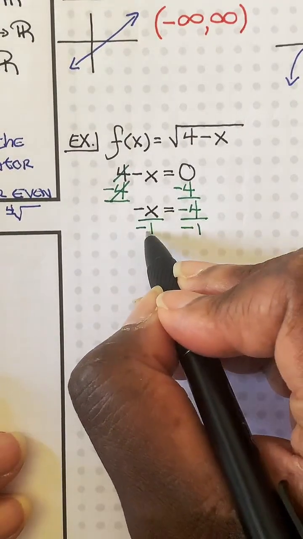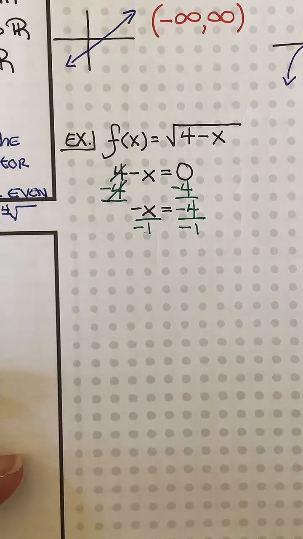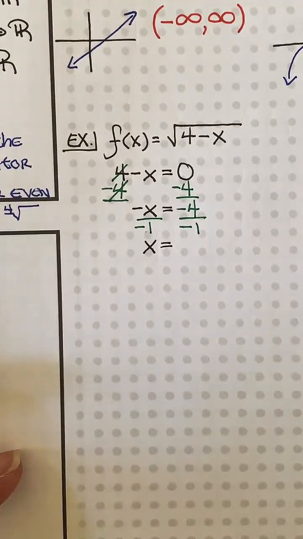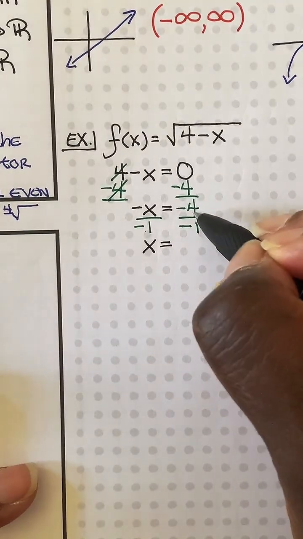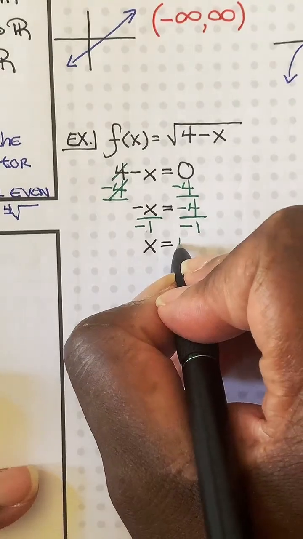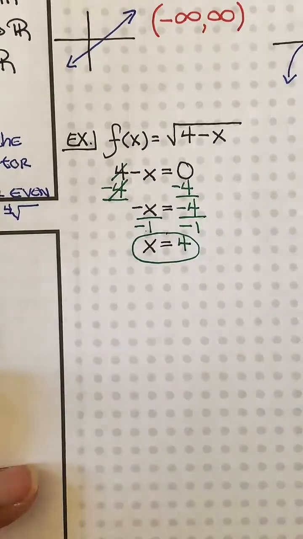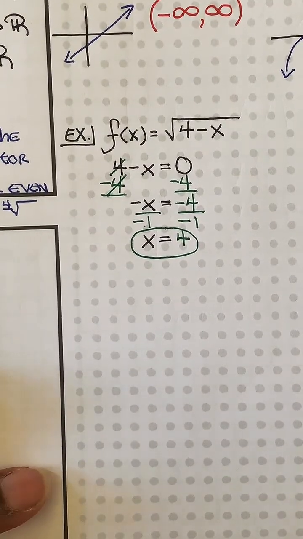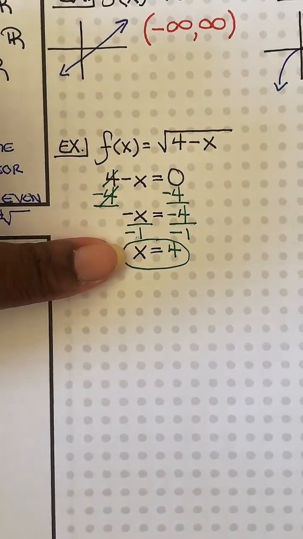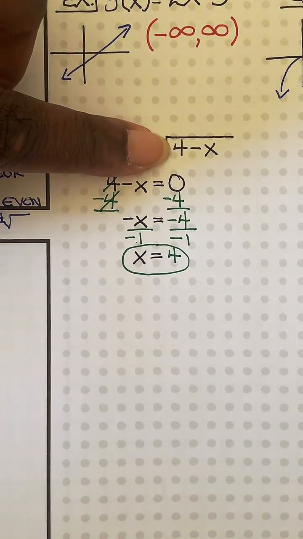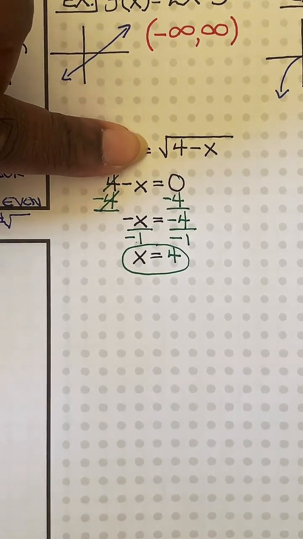Negative divided by negative will give me a positive, and negative 4 divided by negative 1 will give me 4. So now I know if I plug a 4 in for the x, 4 minus 4 will give me 0. The square root of 0 is 0.